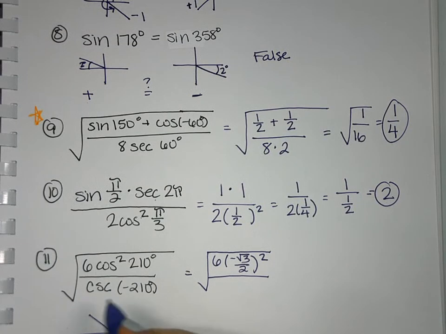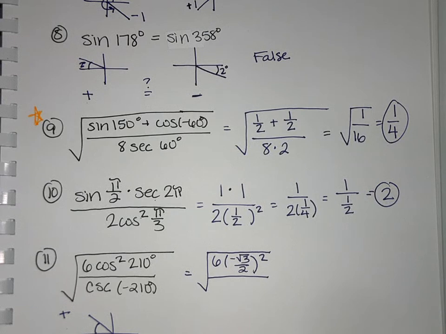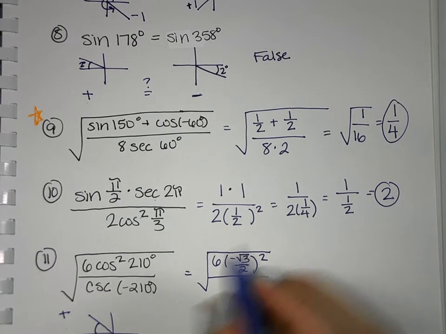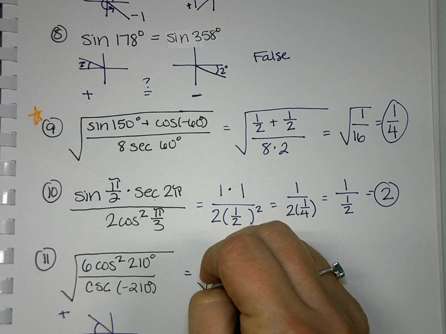Cosecant is the reciprocal of sine, so I know it will be positive. Sine of 210 has a value of 1/2, so the reciprocal of 1/2 would be 2.